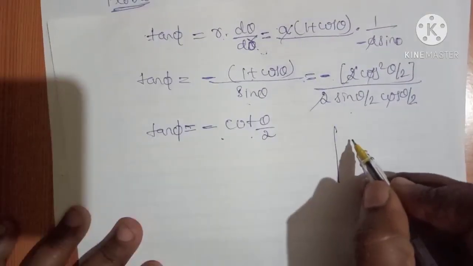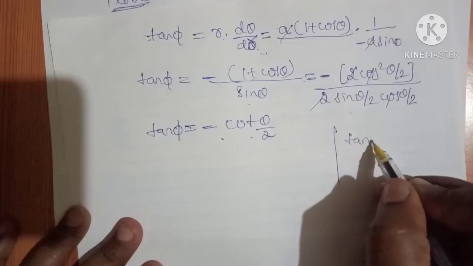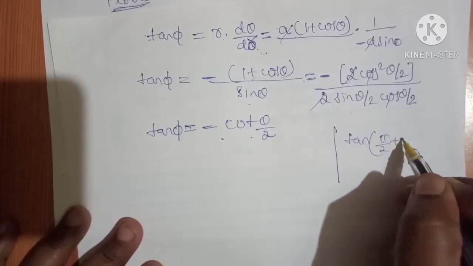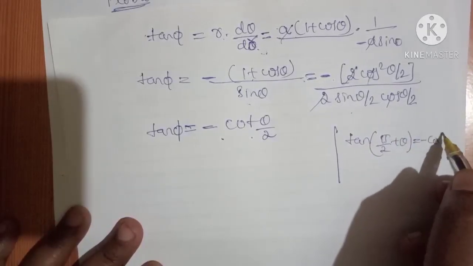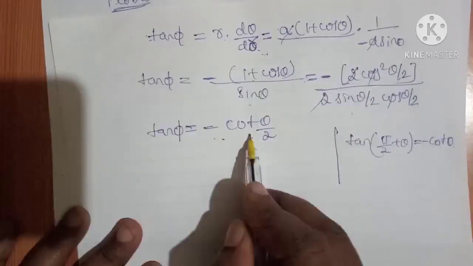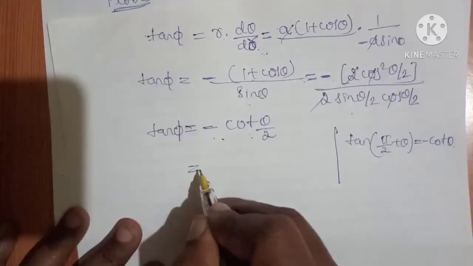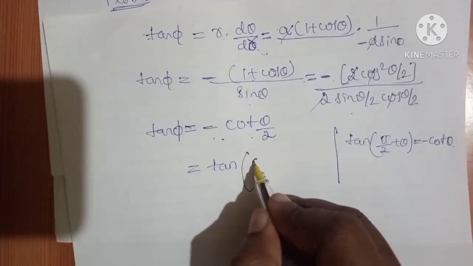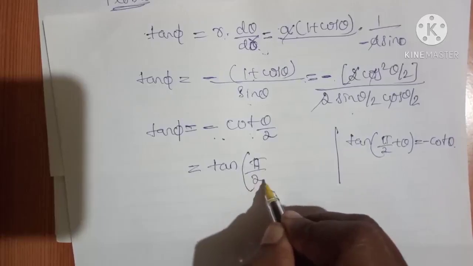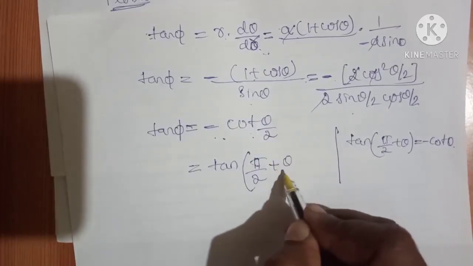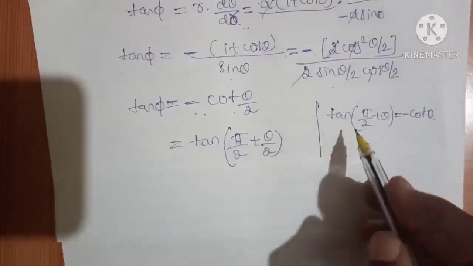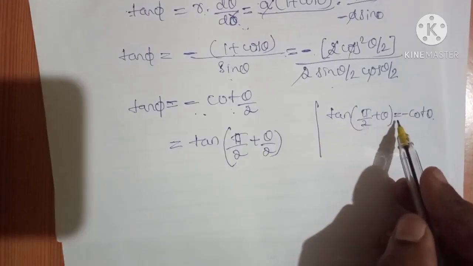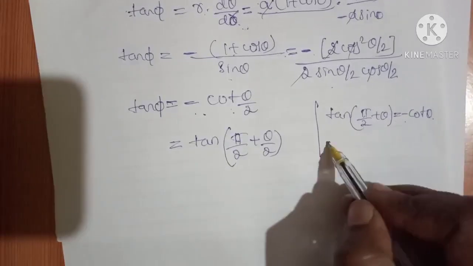But we have tan of pi by 2 plus theta equals minus cot theta. Therefore, this minus cot theta by 2 can be written in terms of tan as tan of pi by 2 plus theta by 2, where theta value is theta by 2. Using this formula, tan of pi by 2 plus theta is equal to minus cot theta.